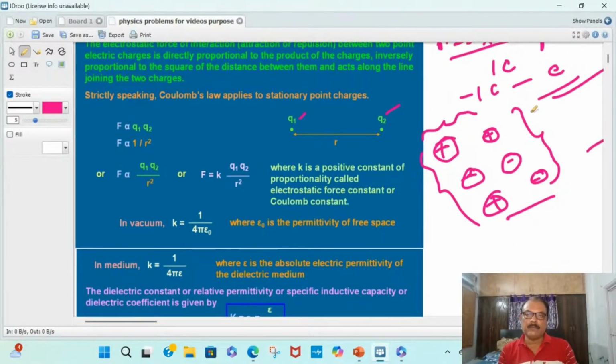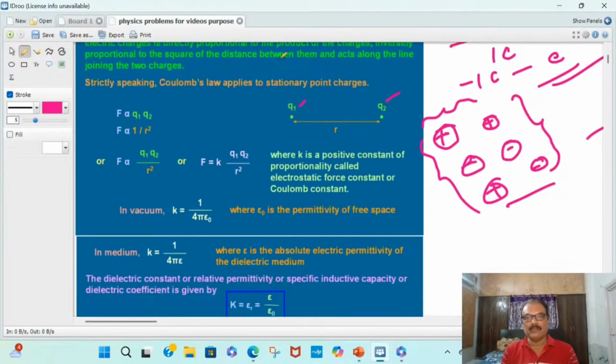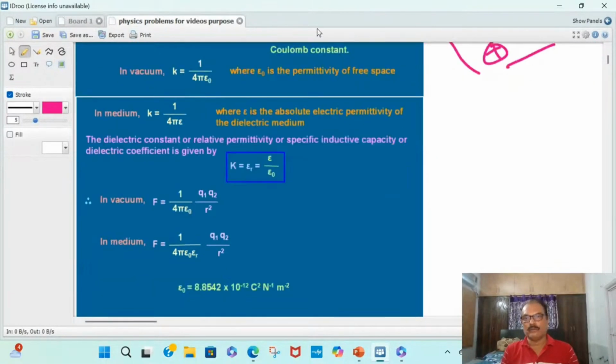So this much we know, but Coulomb gave one mathematical expression that is called Coulomb's law. Coulomb's law is very simple to remember, just like your gravitational force. Two bodies m1 and m2 are kept close by, and the distance between their centers is r meters.